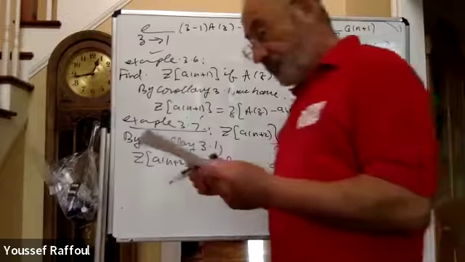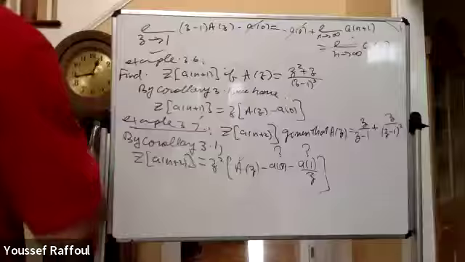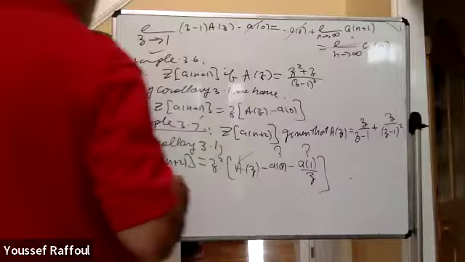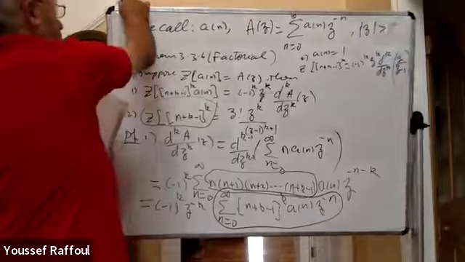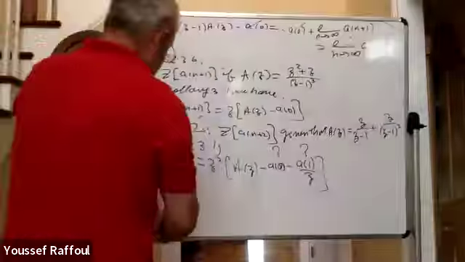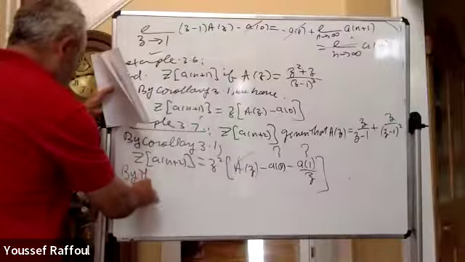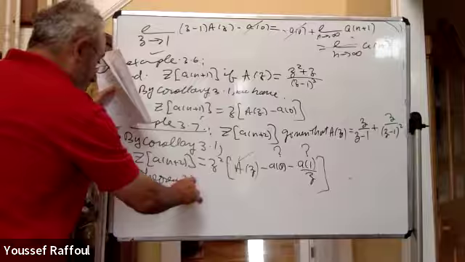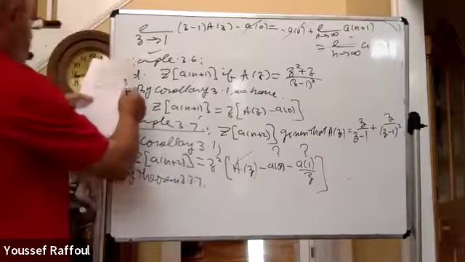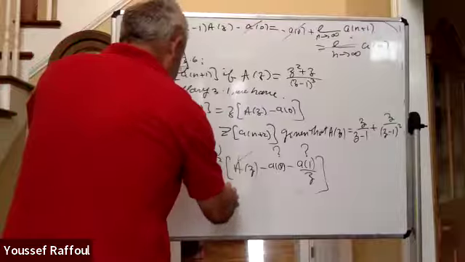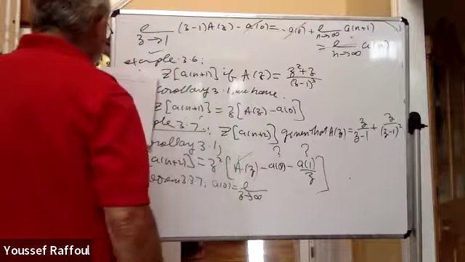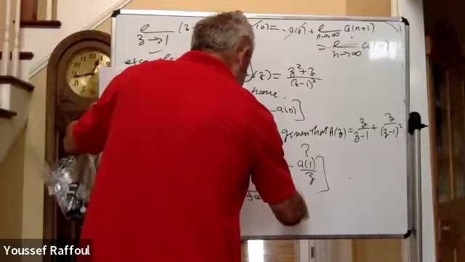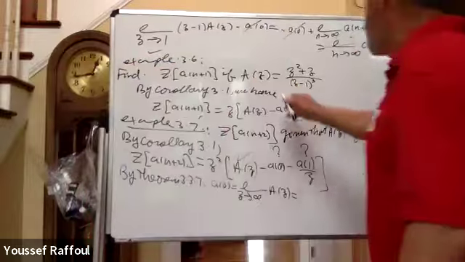Well, let's take a look at the theorem we just did a little bit ago. By Theorem 3.37, we erased it. So we know by Theorem 3.37, we have a_0 equal to the limit as z approaches infinity of A(z), and where is A(z)?